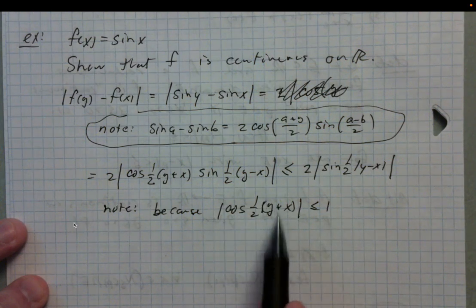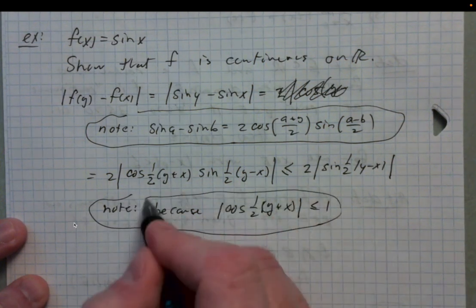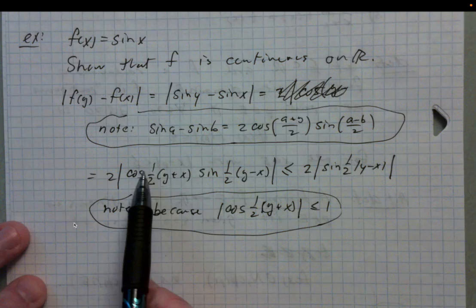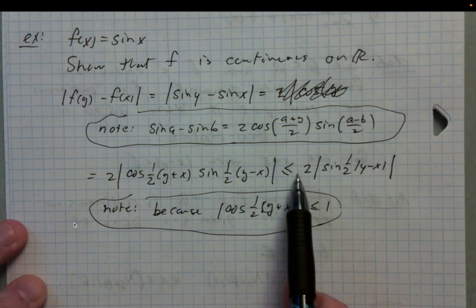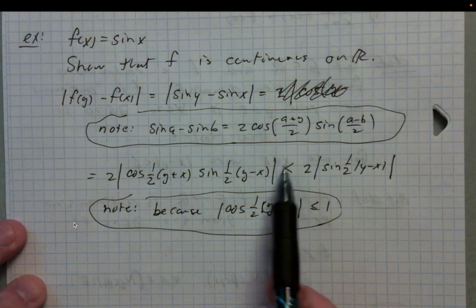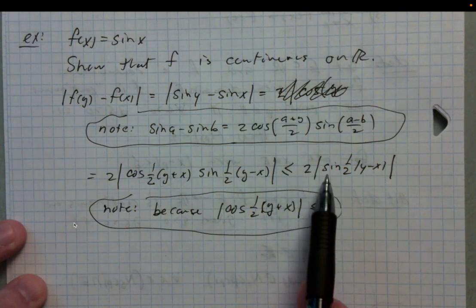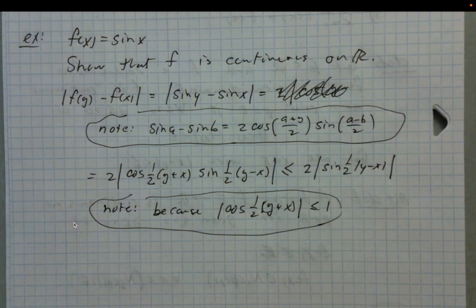Okay, so that being the case, having this additional term in here can only make this smaller, right? So we can pop that out, and we know that this whole thing here has got to be less than or equal to 2 times the sine of 1/2 (y minus x).